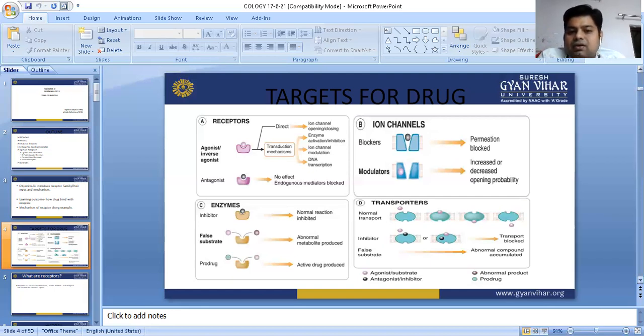And when a false substance, you can say a drug substance, binds, they will be activated. And the next one is transporters. Transporters are substances which in general cases bind on the cell, and the cell will transport them inside the cell membrane, and after that the drug is going to bind with the receptor and produce a response.